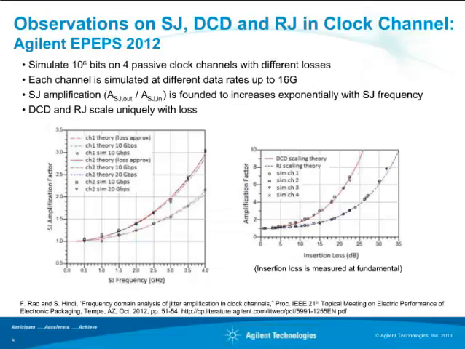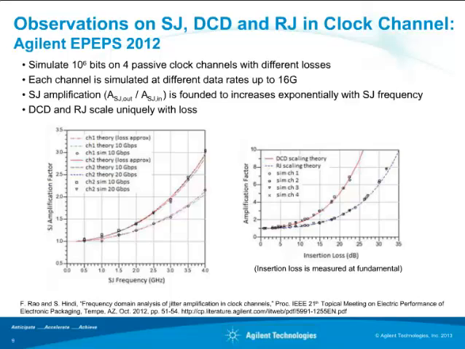In 2012, Agilent and Juniper reported results on SJ, DCD, and RJ in clock channels. 4 passive channels with different loss are simulated with 1 million bits, and each channel is investigated under different data rates up to 16 gig.